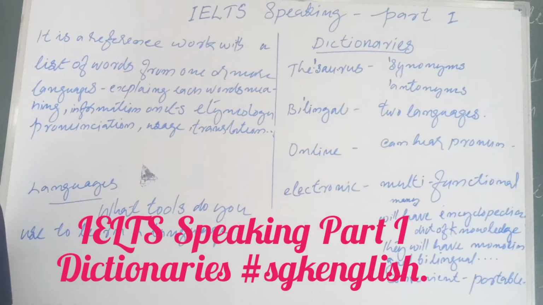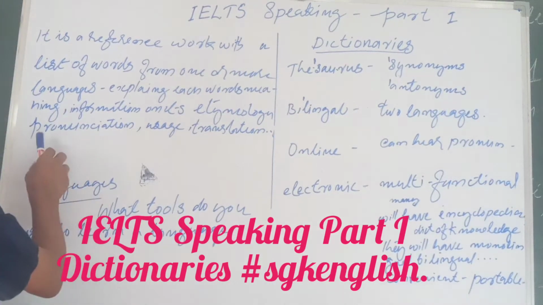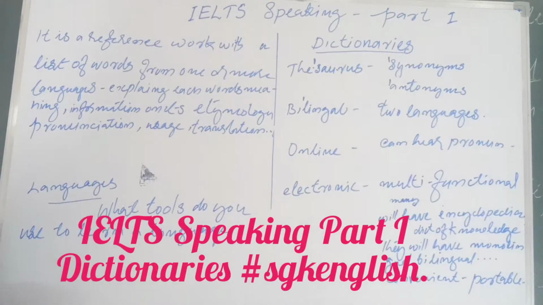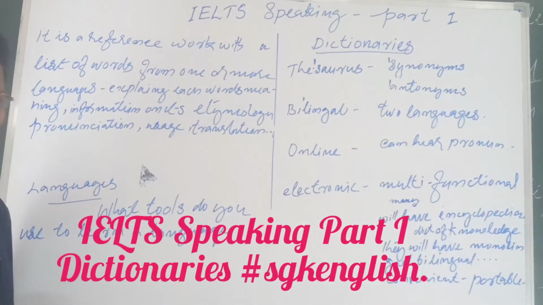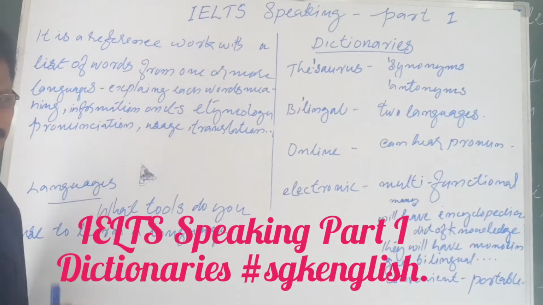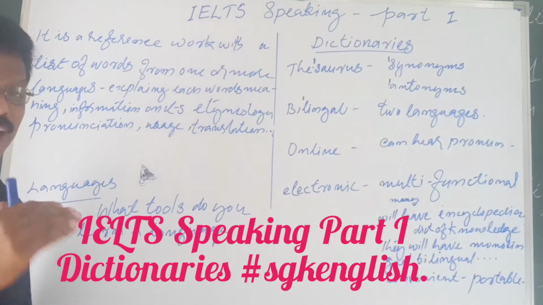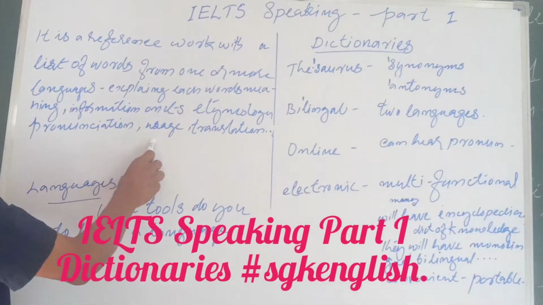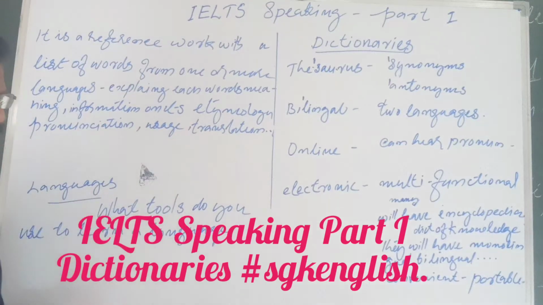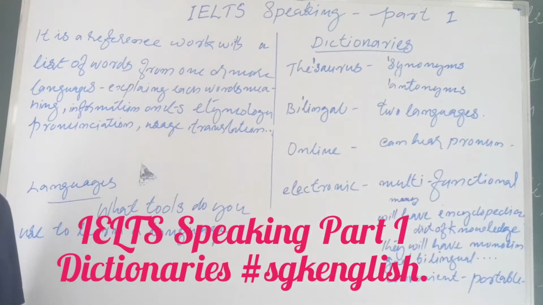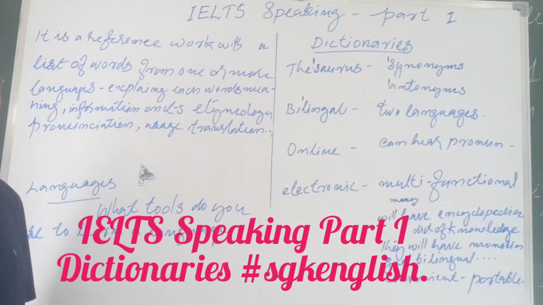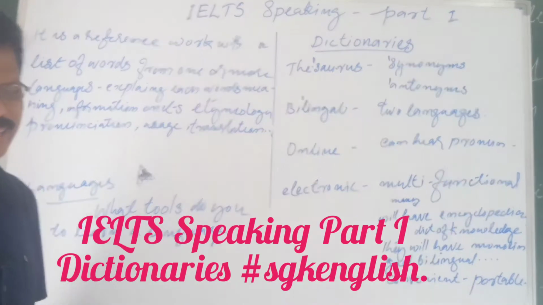Etymology means origin. Pronunciation, how do you pronounce a word? A usage, translation, etc. This is what a dictionary really is.